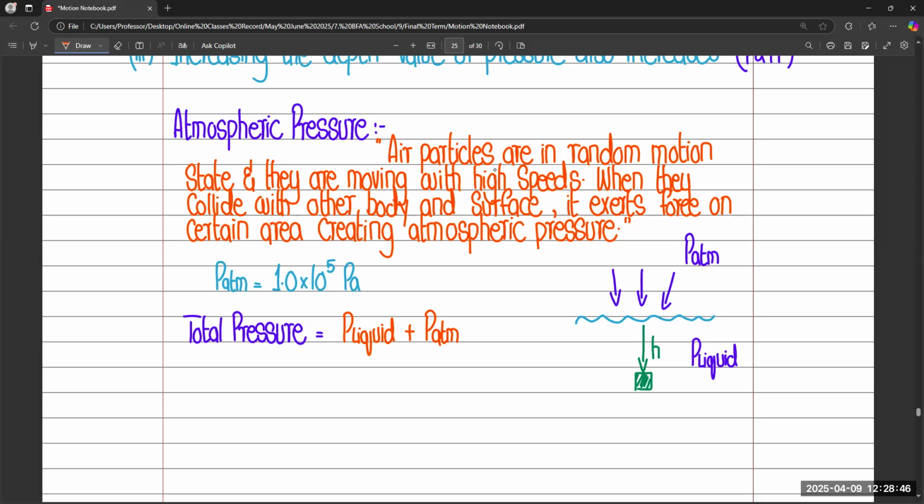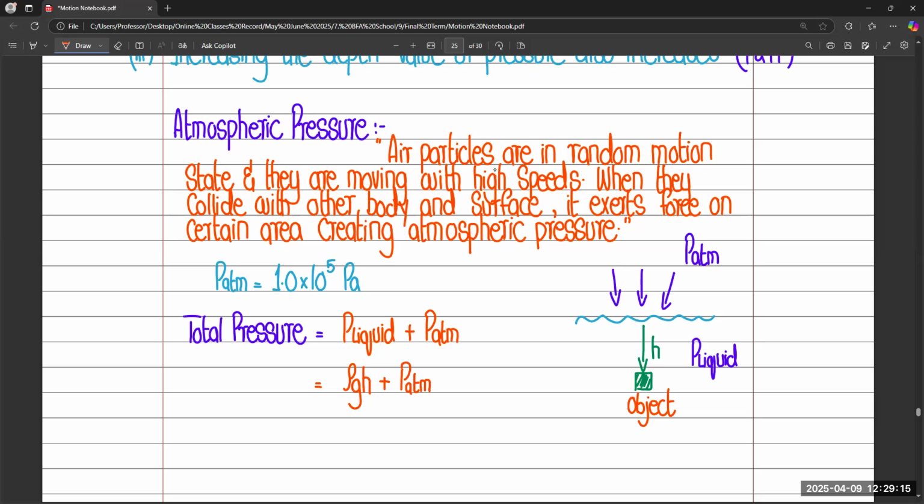For example, if we consider an object in a liquid at a certain depth, because of the liquid we have pressure in the liquid. So there is pressure of the liquid acting on the object, plus we have atmospheric pressure also. Here ATM represents atmospheric and P represents pressure.